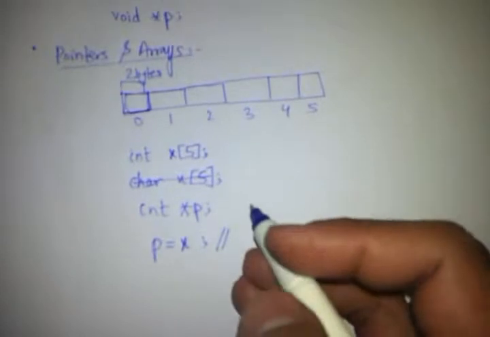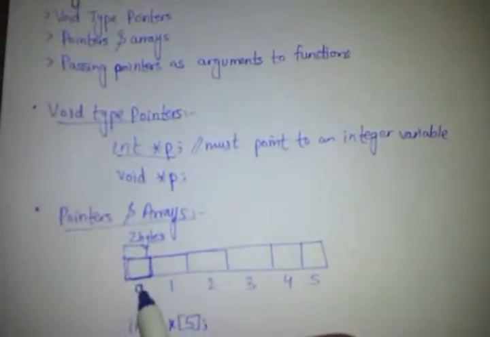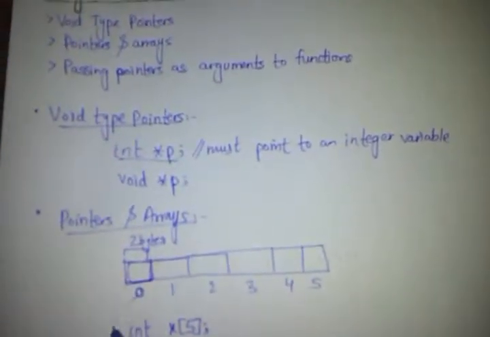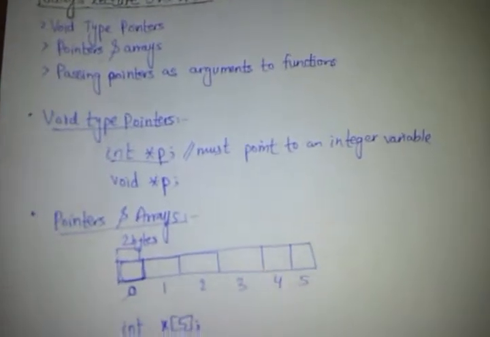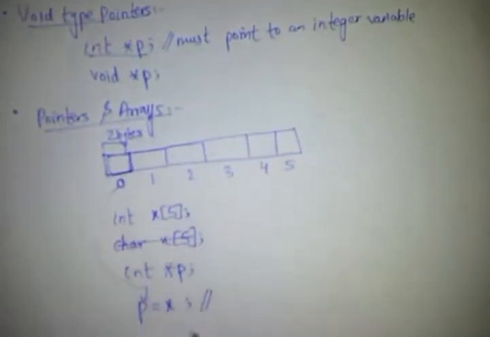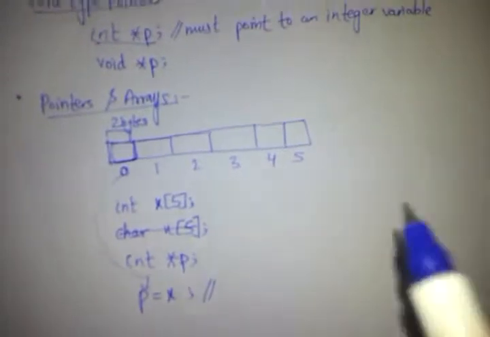So the starting address of this is 0 and this is given to p if we use the array without indexes.